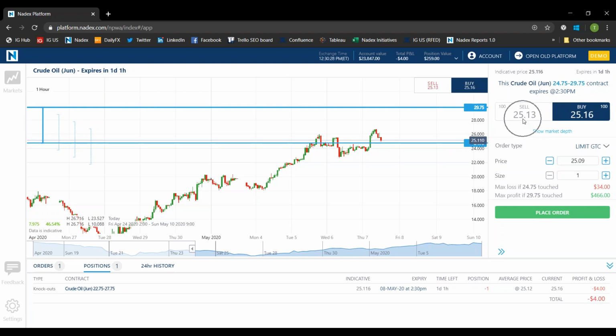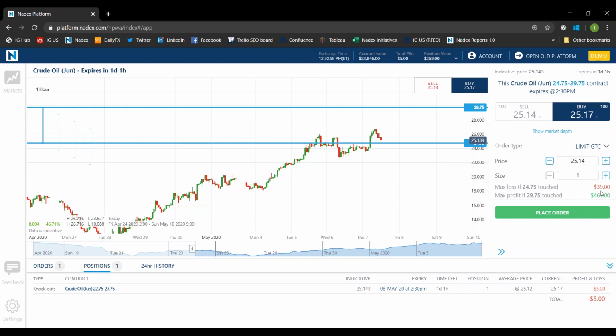It wouldn't have to go down very much for me to be knocked out. So if I thought oil was going up and I wanted a very small limited loss potential, I bought one of these. Let's put in a price of 25.14. There's the offer right now. Let's say I bought one here and it went down to 24.75, and it's only 38 cents lower. 39 cents actually is the actual. I could only lose $39.